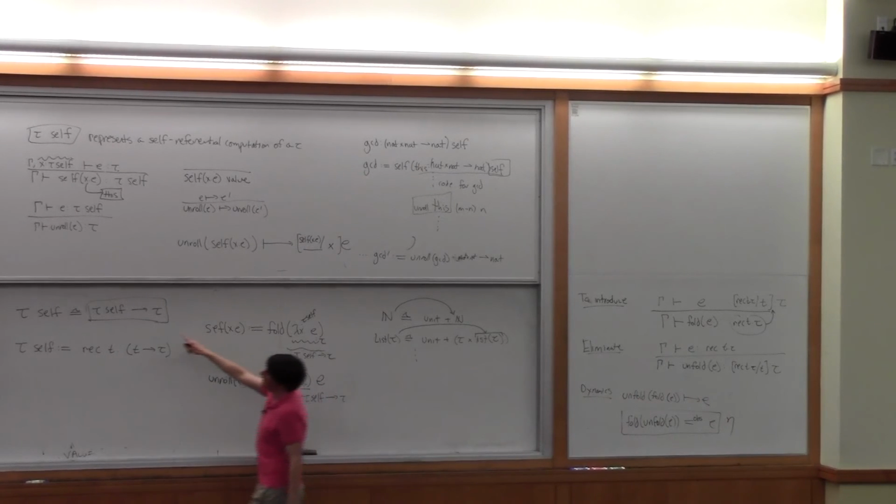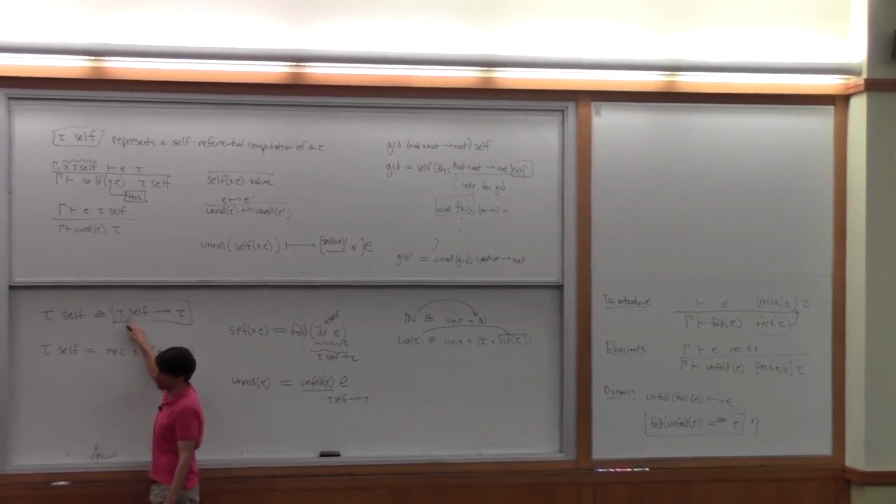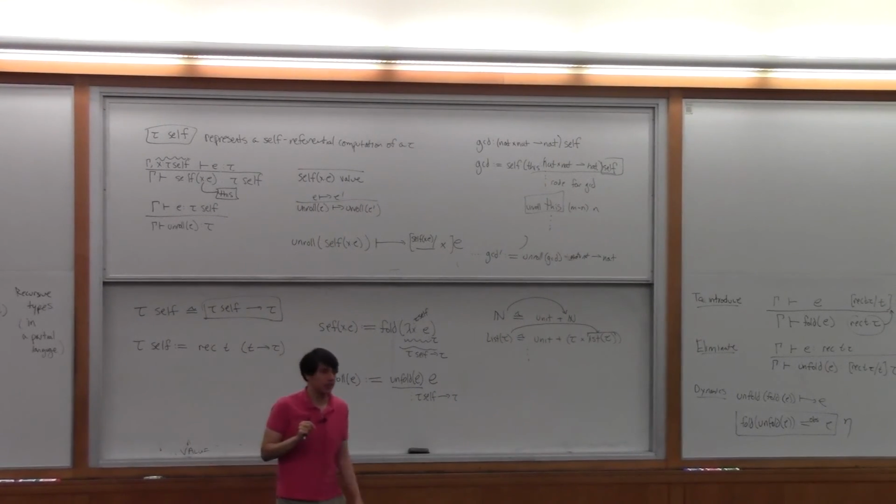When we define tau self, where does tau self occur? To the left of an arrow.